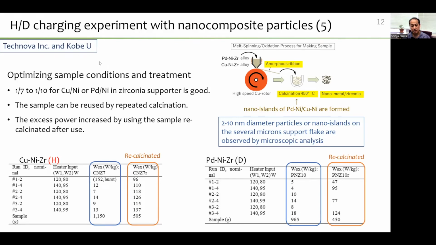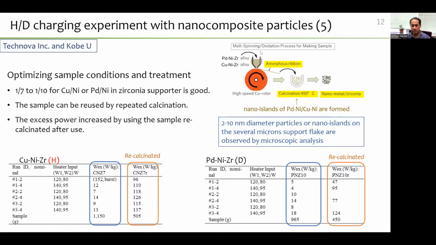They have tried to optimize the sample conditions and treatment, and they found that 1 to 7 to 1 to 10 for the copper nickel or palladium nickel in zirconia supporter is good, and the sample can be reduced by repeated calcination, and the excess power increased by using the sample recalcinated after use.